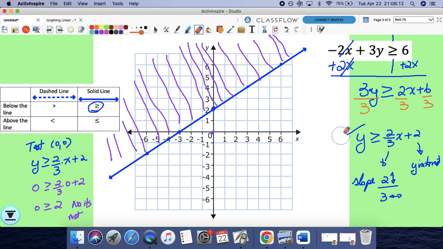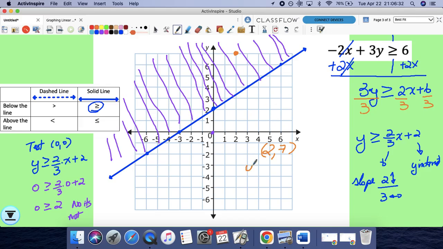But I want to take the opportunity to select a point above, and I'm just going to pick a random point. Let's pick this point right here. That point is 2 comma 7, and I want to prove to you that that point is part of the solution.